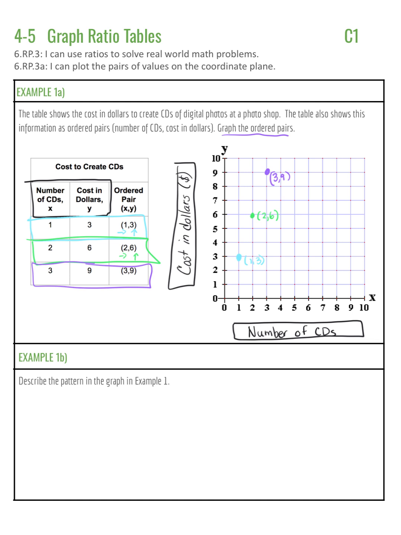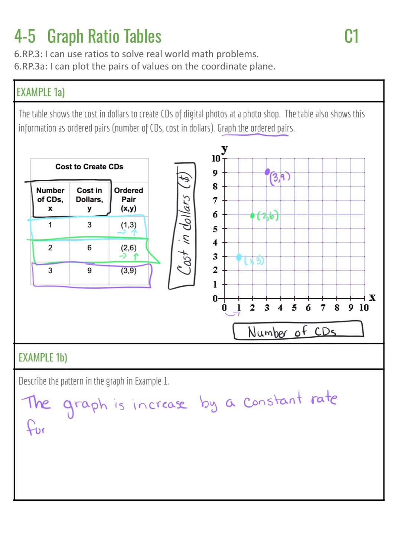Now I need to describe the pattern. Well, what's happening? The graph is increasing by a constant rate. And what are we talking about? We're talking that it increases for every CD. It's going to be $3.